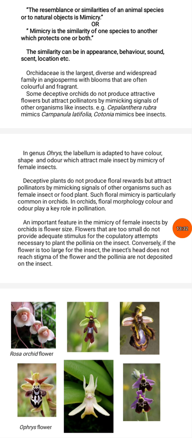Again, Cotonia mimics bee insects. Also, in the Orchidaceae family, Ophrys is a big genus. In this genus, the labellum is adapted in color, shape and odor to attract male insects by mimicry of female insects.